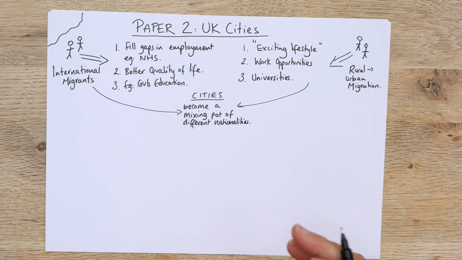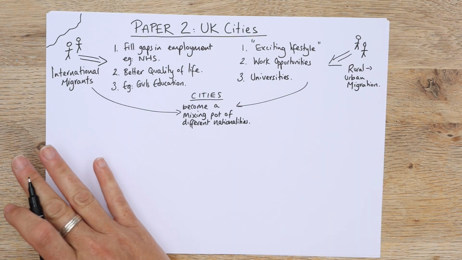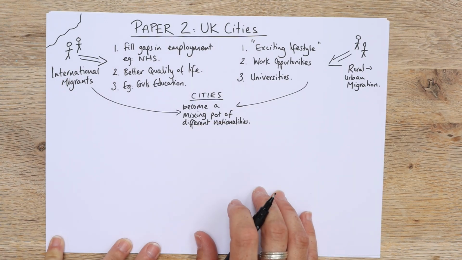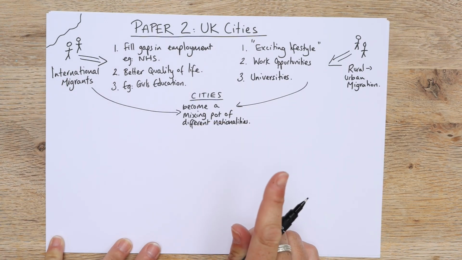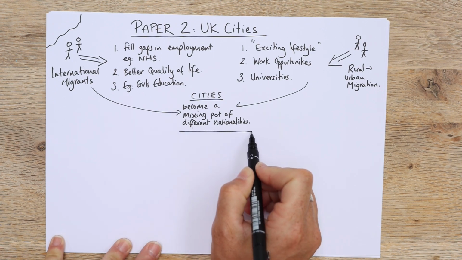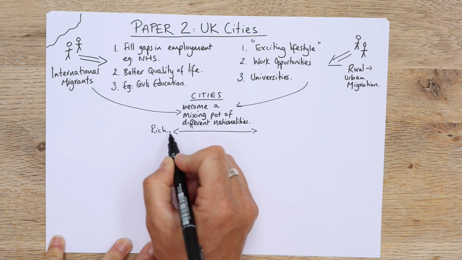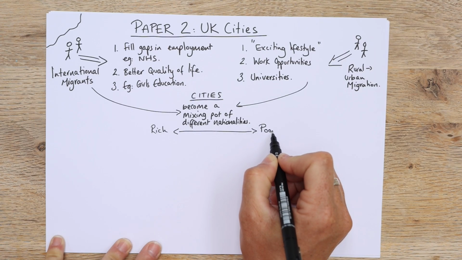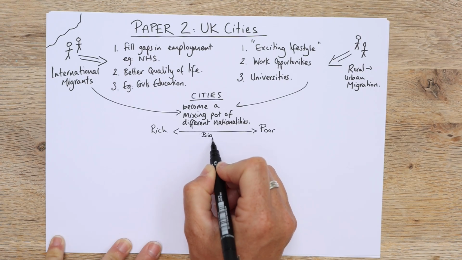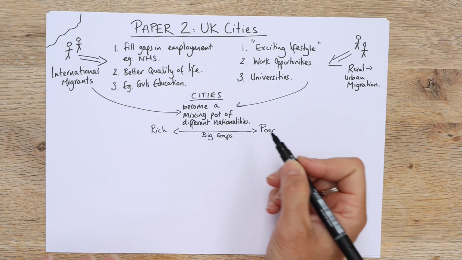And I mean that positively, because it can really bring and enhance a huge cultural value to an area. And for the most part, it's absolutely fine. However, there can be quite big gaps. If I draw this arrow, I'm going to put it here. So between the rich and the poor, there can be quite big gaps in all cities. That's true of all cities.